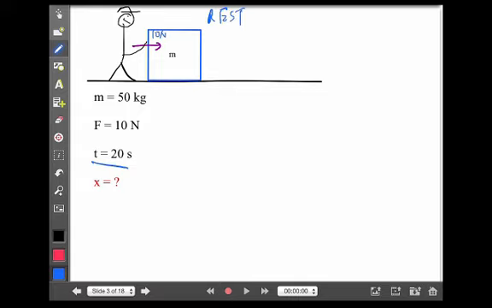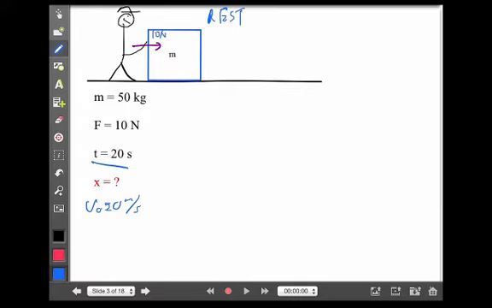Okay. Now, if we try to just do this with linear motion, we would say, okay, I have an initial velocity of 0. I have a time of 20 seconds, but I don't have any other information. In other words, I don't have enough information in order to find what I'm looking for.